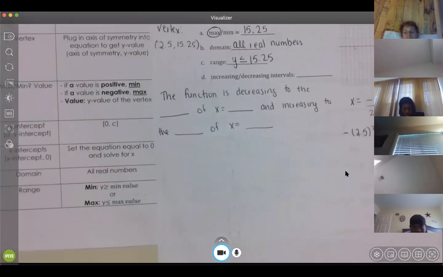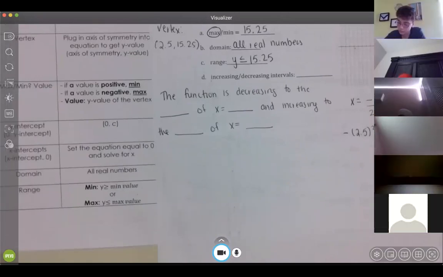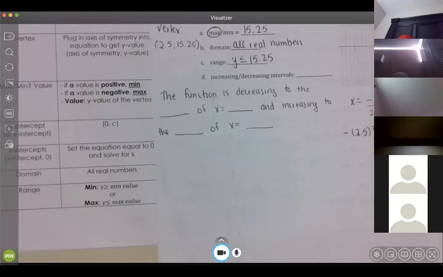All right. What goes in the x equals blank? What do you think, Naya?